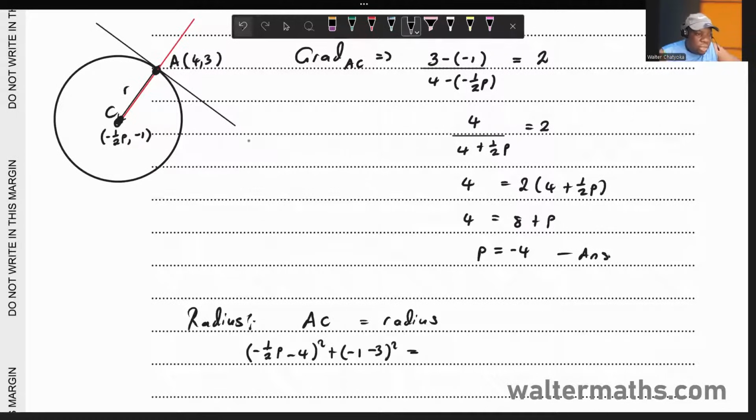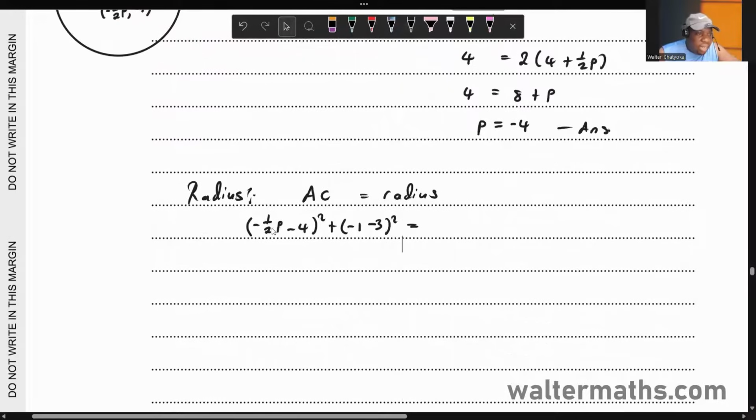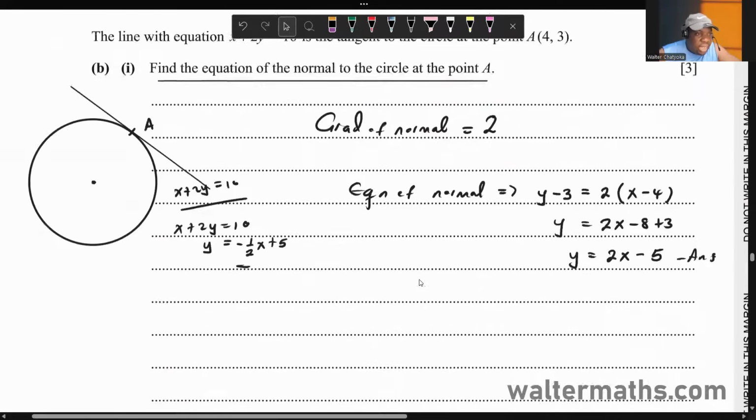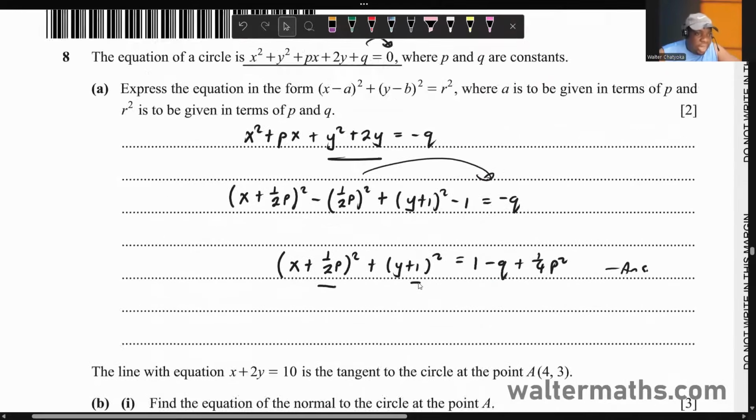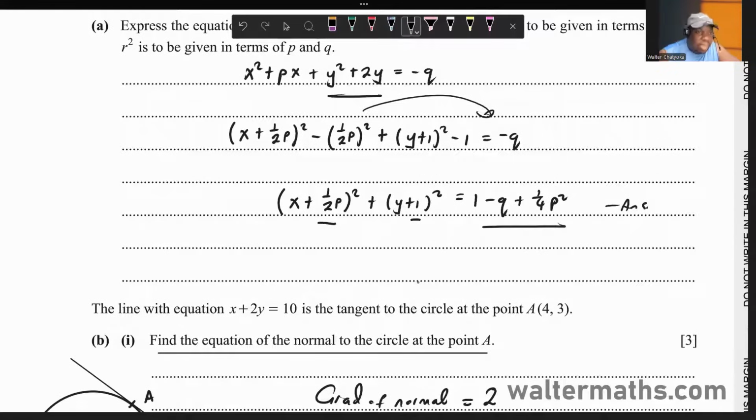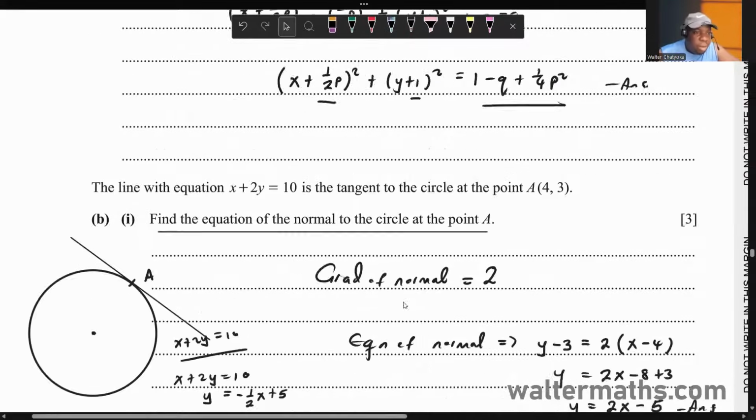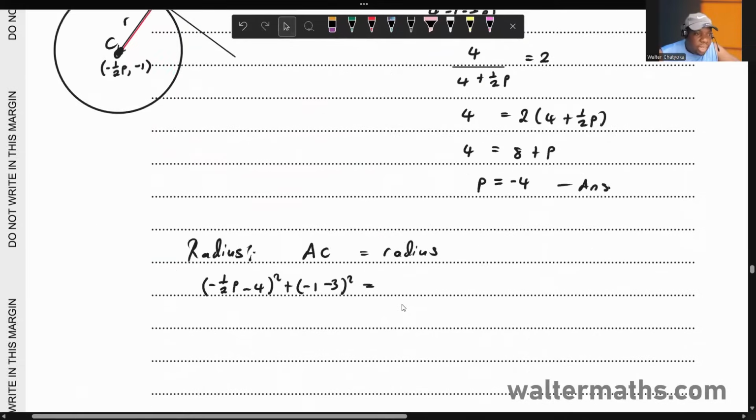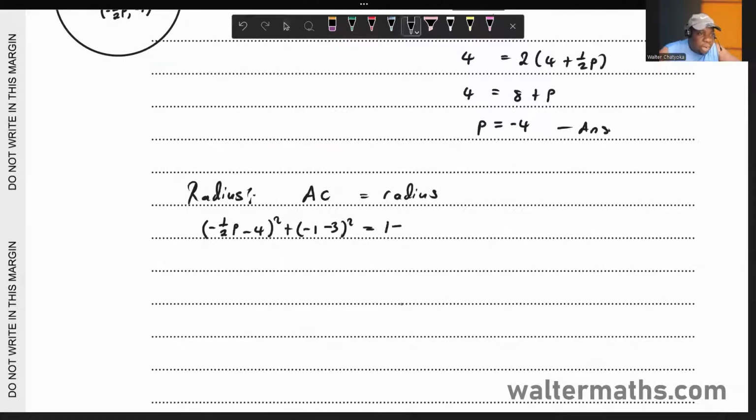This has to be equal to the radius, and the radius squared is 1 − q + ¼p². So this is equal to 1 − q + ¼p².